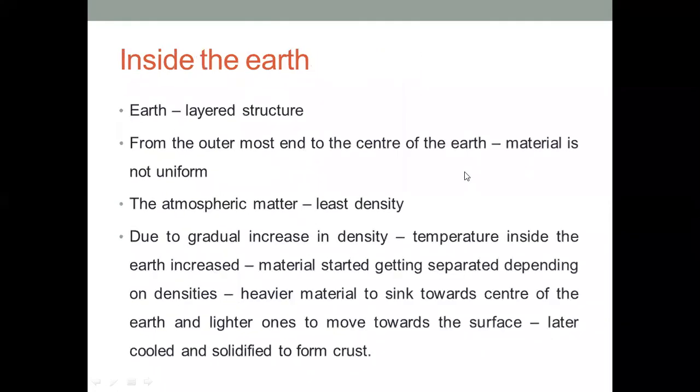Now what is there inside the earth? Earth is a layered structure. Of course we know that from the outermost end to the center of the earth, the material is not uniform. The atmospheric matter is of the least density, and due to a gradual increase in density and temperature inside the earth, the material present inside the earth started getting separated depending on the variation of these densities.